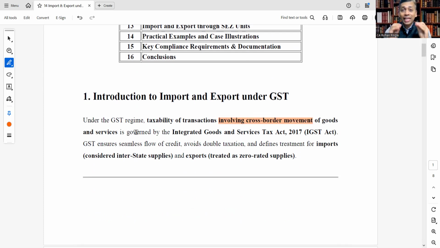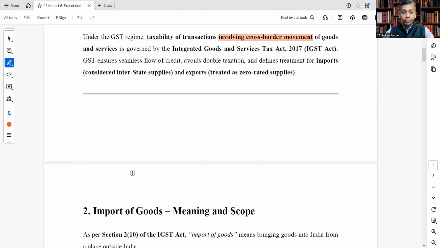Means taxability of transactions involving cross-border movement of goods and services is governed by which act? IGST Act 2017, that is Integrated Goods and Service Tax Act 2017. GST ensures seamless flow of credit, avoids double taxation, and defines treatment: imports are considered interstate supplies and exports are treated as zero rated supplies.